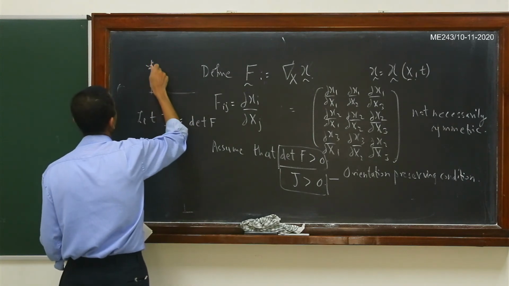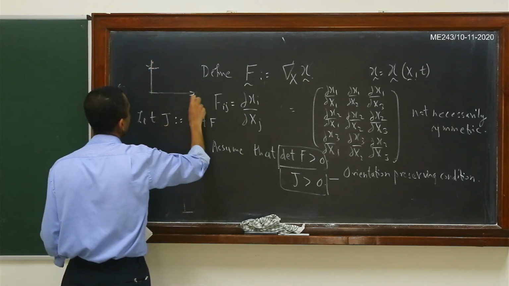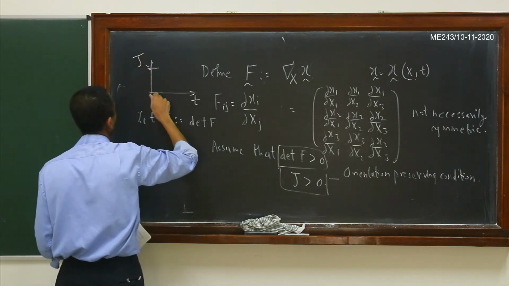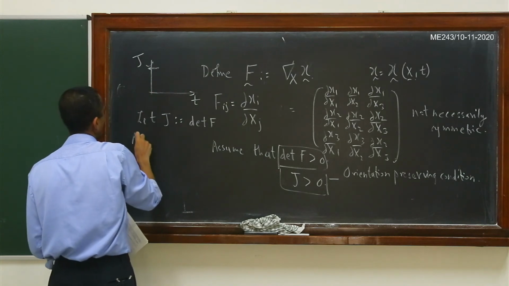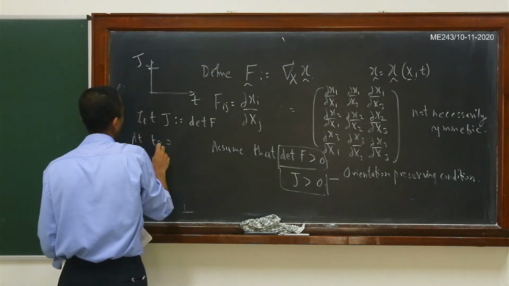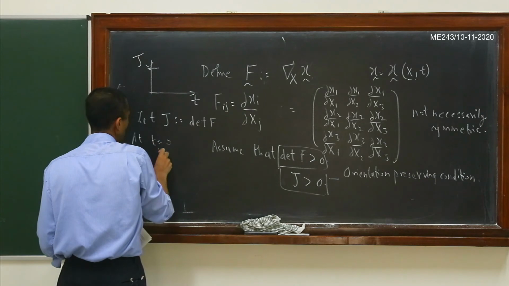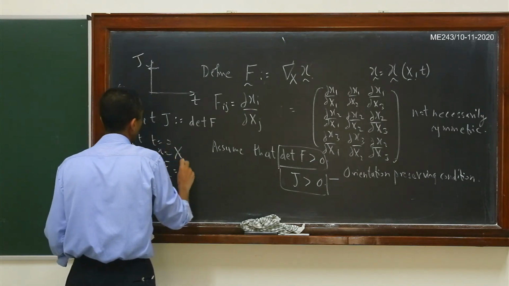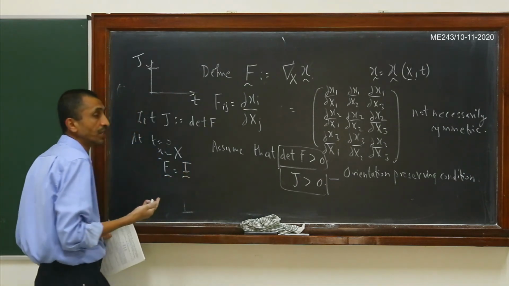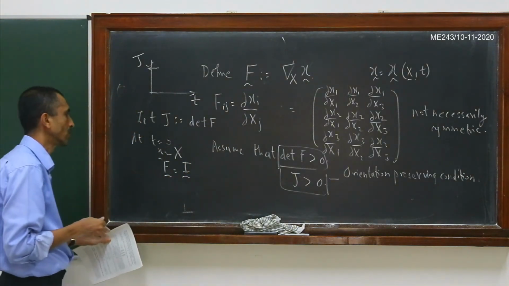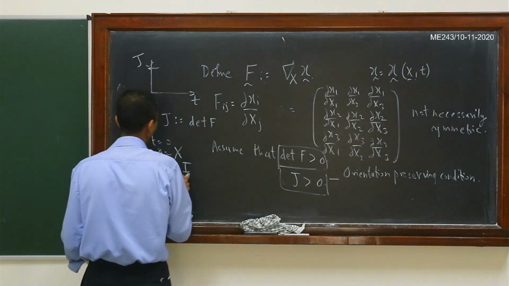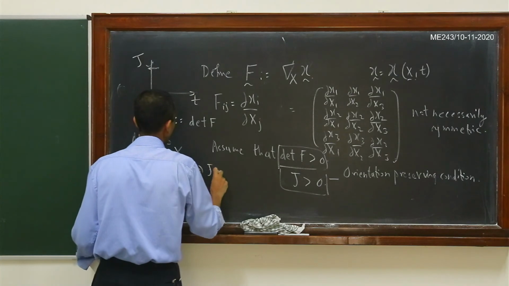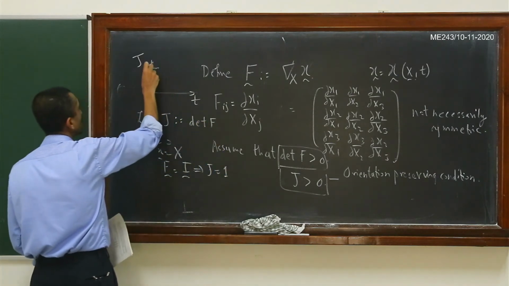Let's say this is t and this is J. At t equal to 0, small x is equal to capital X, and so your deformation gradient is nothing but the identity, because u is 0, so the gradient of u is also 0. So you have F equal to identity at time t equal to 0, which implies that J is equal to 1.